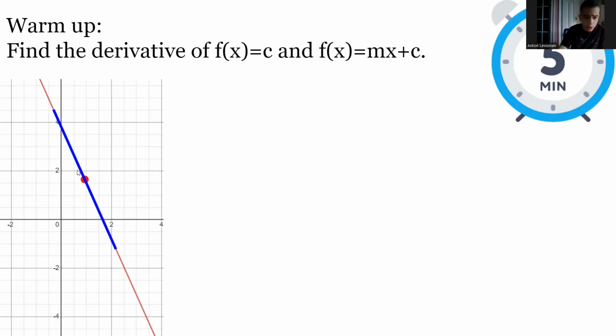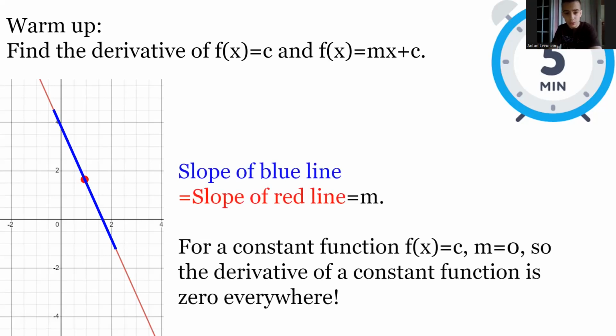Essentially, the slope at this point right here is also the same as the slope at this point right here or this point right here. And this is because it's a linear function. The slope doesn't change by the definition of a linear function. And so the slope of the blue line is the same as the slope of the red line, which is just m. So the derivative of a linear function is just the coefficient of x.